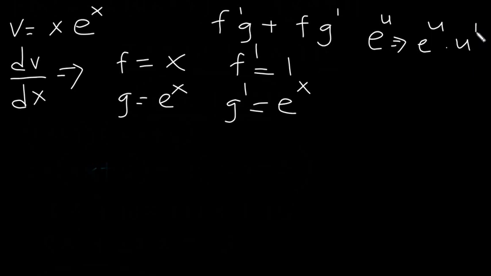So in this case, u is x, so the derivative of x is 1. So it's going to be 1 times exponential x. So that's why it's going to remain as exponential x.